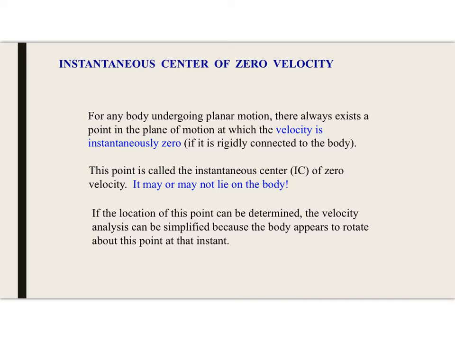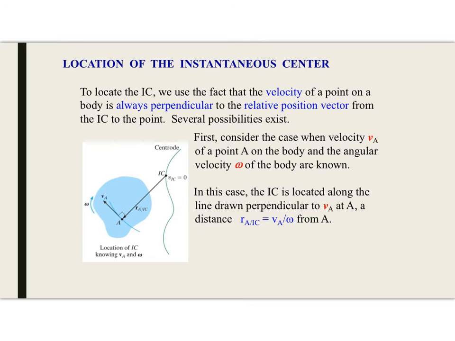And then if we find out where that point is, it's really easy to figure out the velocity of another point, because the magnitude of that velocity is going to be equal to the rotational rate of the object times the radius going from the instantaneous center to that point, let's call it B. So we'll have some better pictures soon.